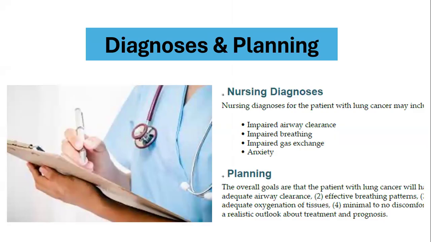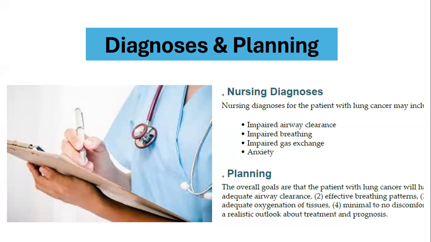Okay, for the next thing, we are going to focus on the diagnosis and planning. Here are the potential nursing diagnoses that the patient can have. The first one is impaired airway clearance, impaired breathing, impaired gas exchange, and also anxiety. And for the planning, the overall goals for the patient with lung cancer are adequate airway clearance, effective breathing patterns, adequate oxygenation of tissues, minimal or no discomfort, and also a realistic outlook about the treatment and prognosis.